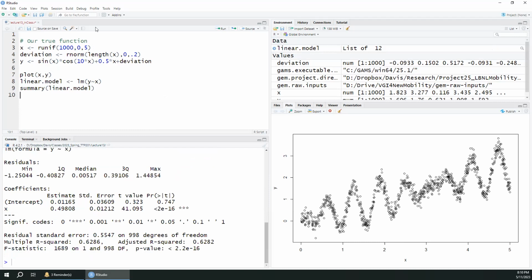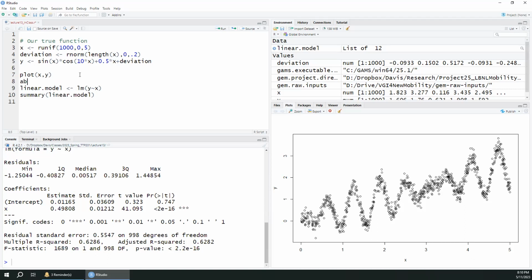You see that we have this 0.5 coefficient, which actually extracts the linear term here, but the rest of it is omitted, or the rest of the variation.